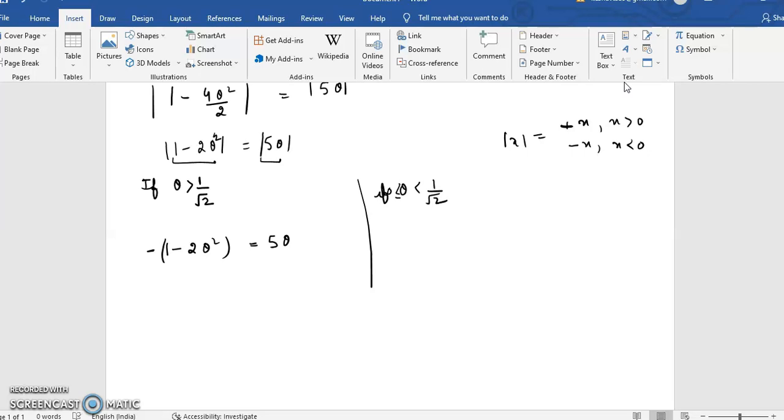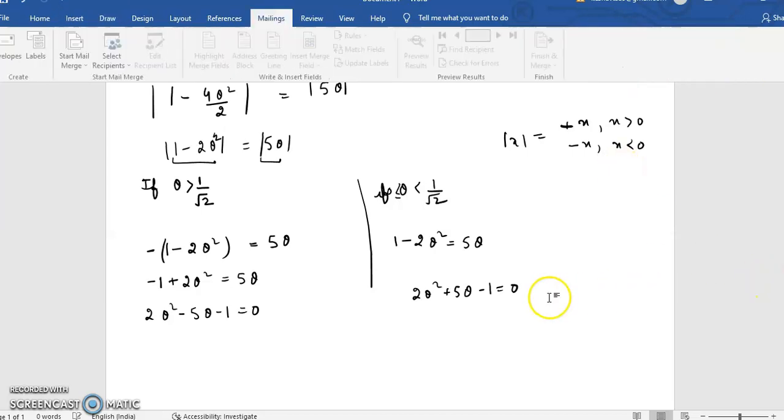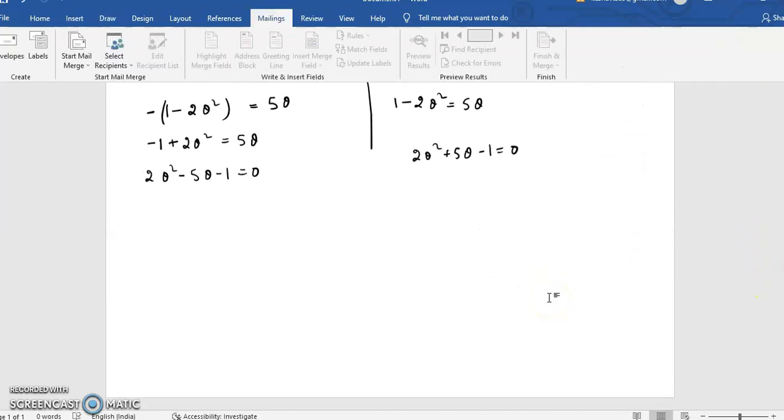So our expression for theta will become 1 minus 2 theta squared equal to theta. So let me evaluate this: 2 theta squared equal to theta, and it will become 2 theta squared plus theta minus 1 equal to 0. Let us evaluate this expression.